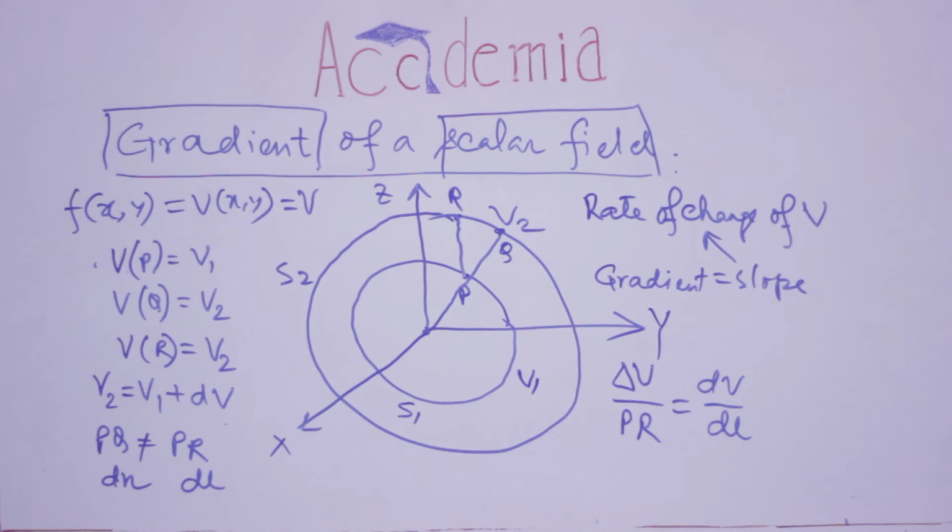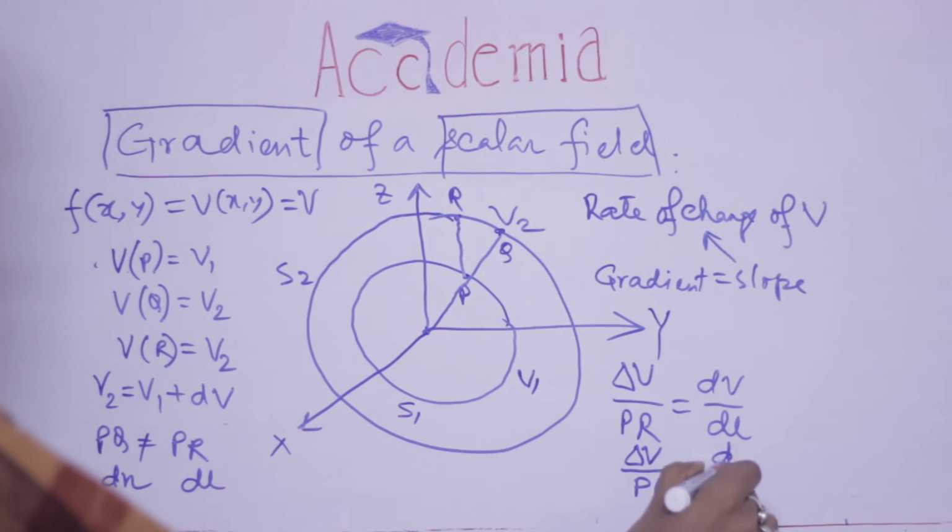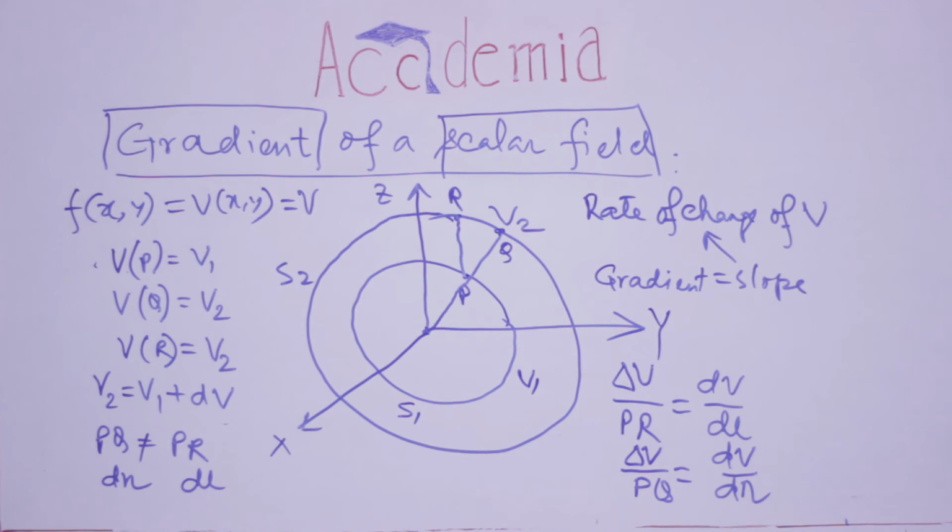Now if we want to measure the rate of change of V in the PQ direction, that is in the radial direction, then we shall use del V by PQ equals dV by dn, since PQ is dn. Now this is the rate of change of function in radial direction, whereas this is the rate of change of function in any arbitrary direction.